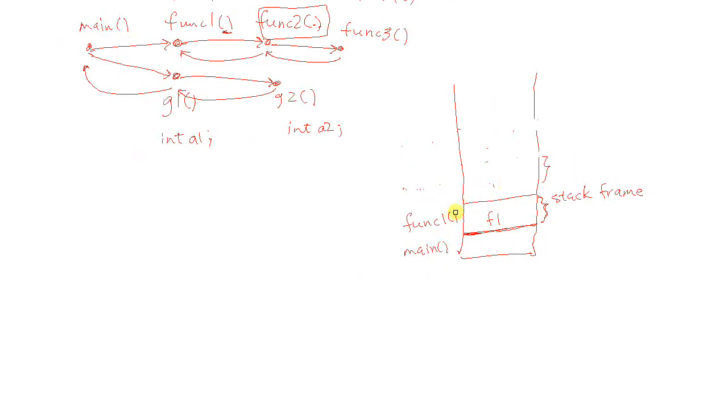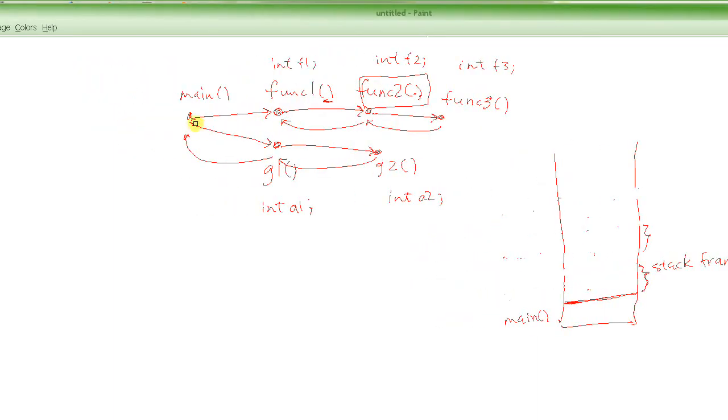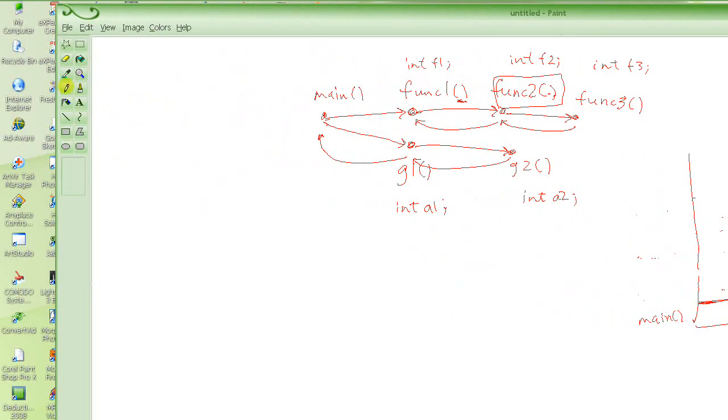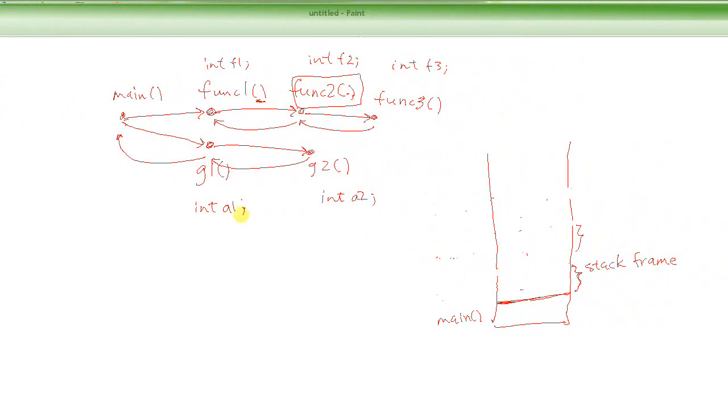The point is that after func1, look at what's happening here. When func1 completes, g1 is called by main. So what's going to happen? Where do you think the memory for g1, this integer variable a1, is going to be allocated?